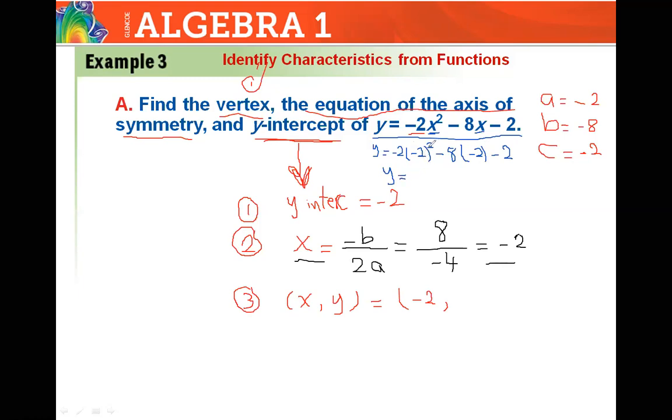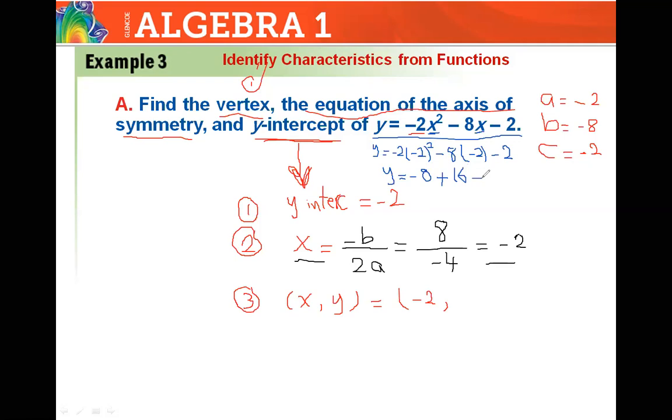Negative 2 power 2 equals 4, because if the power is even, it changes the negative sign to positive. So it will be 4. 4 times negative 2 equals negative 8. And then negative 8 times negative 2: negative times negative equals positive, 8 times 2 is 16.